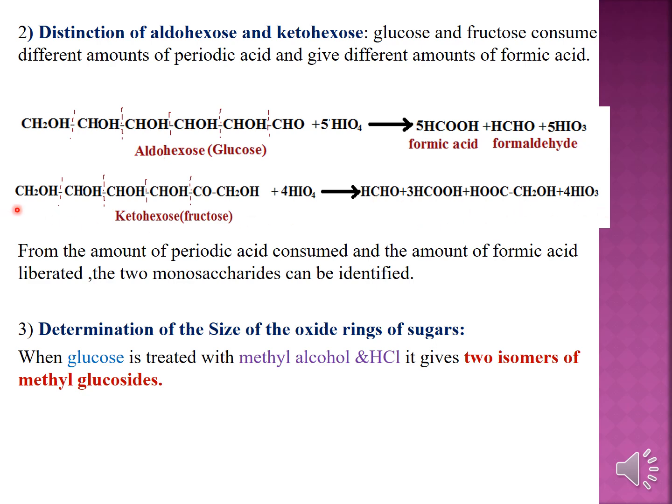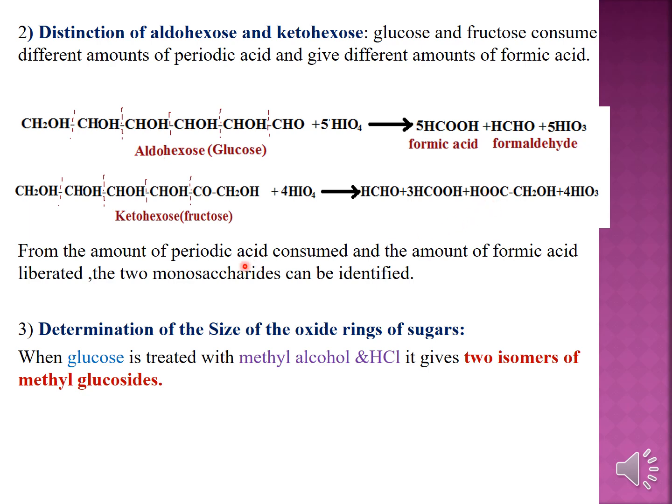Understood? CH2OH is getting converted into HCHO, that is formaldehyde. The 3 molecules of CHOH are converted into 3 formic acid, and the keto group attached to an alcohol is getting converted into a carboxylic acid.